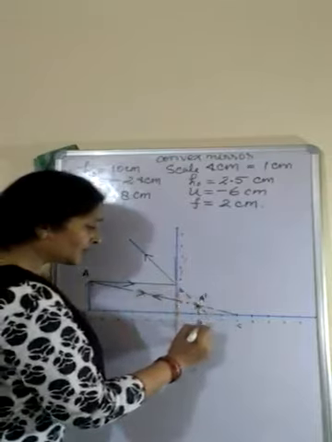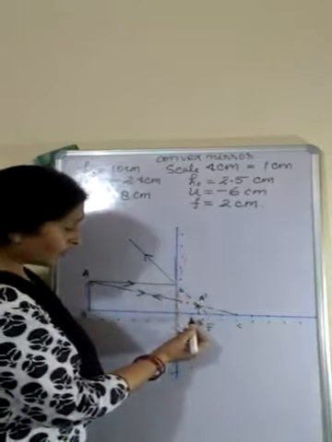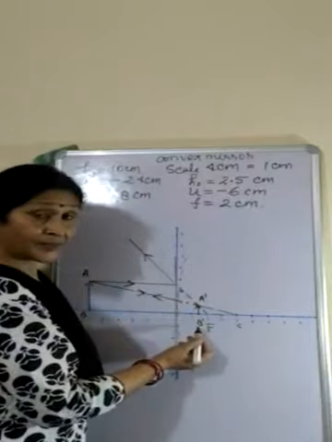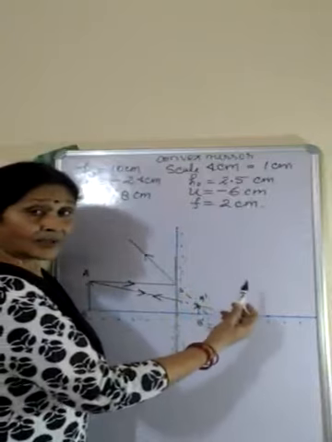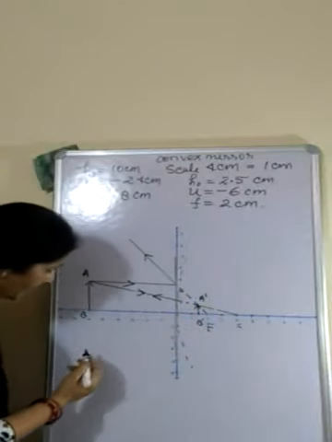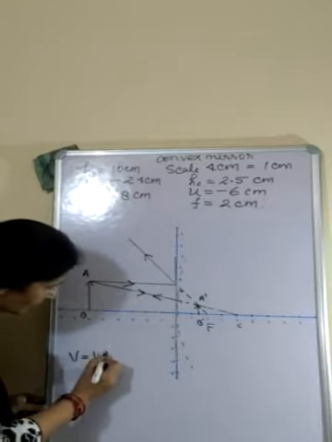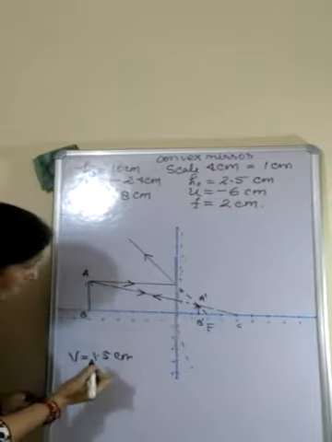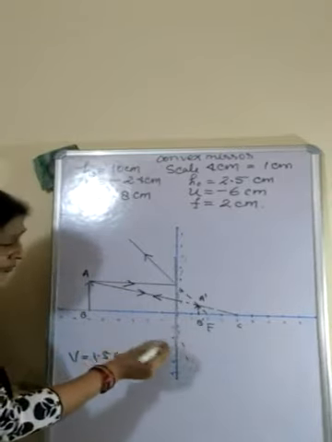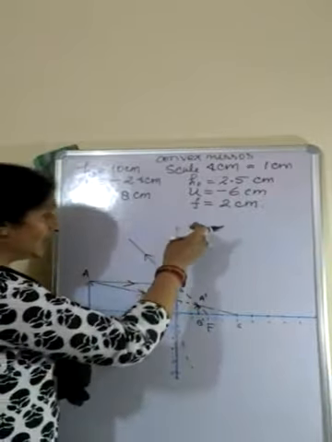Now where is the image formed? It is 1.5 centimeter right of the mirror. So v is 1.5 centimeter in the graph, and the actual value of this image distance will be by multiplying it by 4.